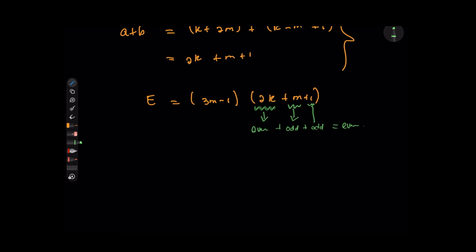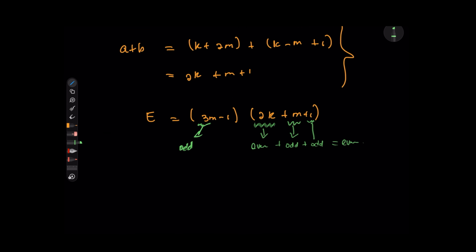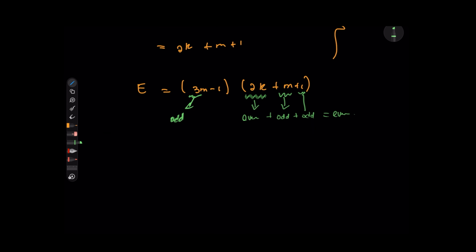So 3 by m, this part here, will be something that is odd. And then I'm subtracting this from something that is odd again.